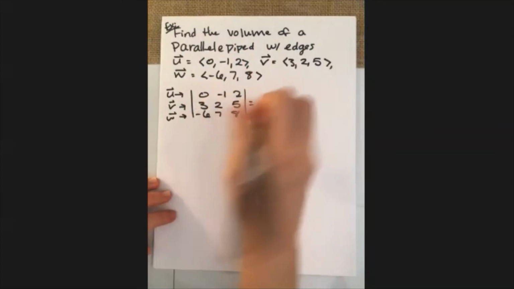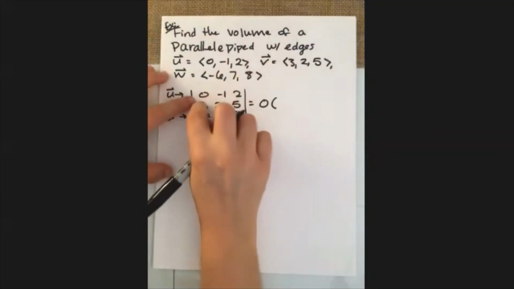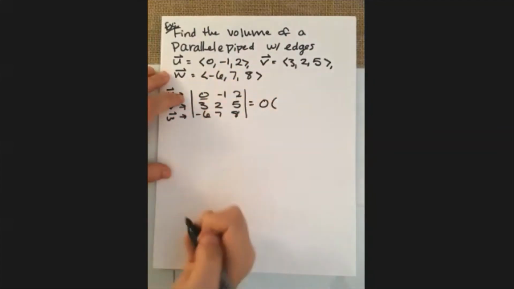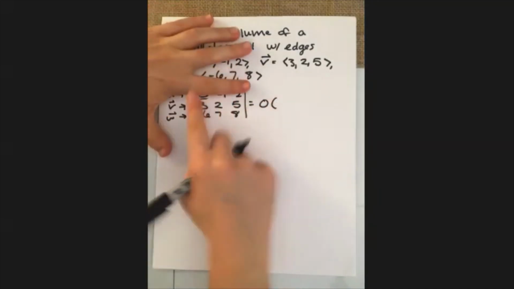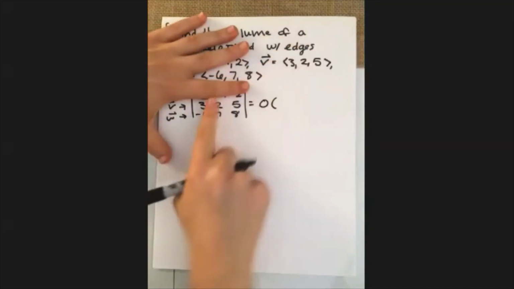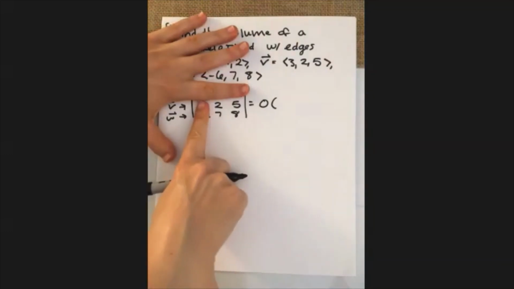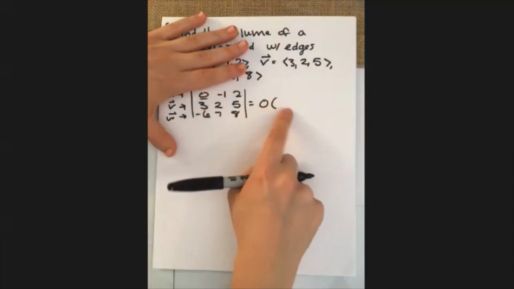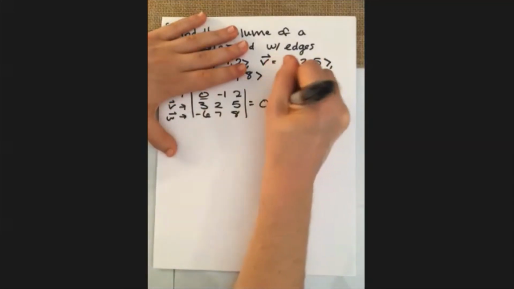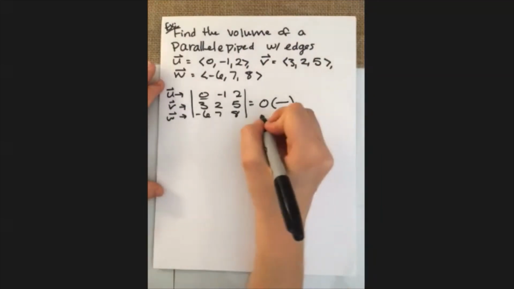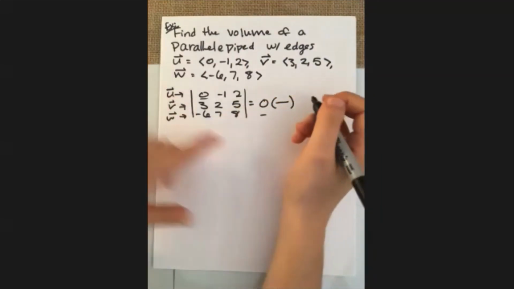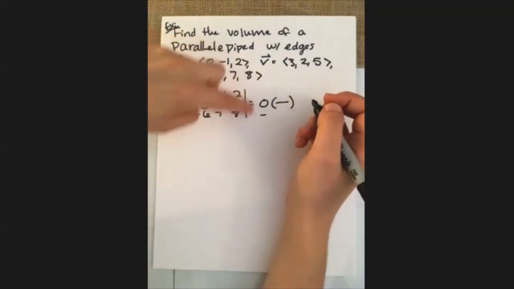So for this first one here, we're going to look at 0 as being our first coefficient. Now we're taking the determinant of what's left here, and that's going to be the 2, 8, 7, 5. But because we're going to multiply it all by 0, it really doesn't matter what's in there, so I'm not even going to fill it out. For our second one though, we have minus, because remember we swap signs, plus, minus, and so on.